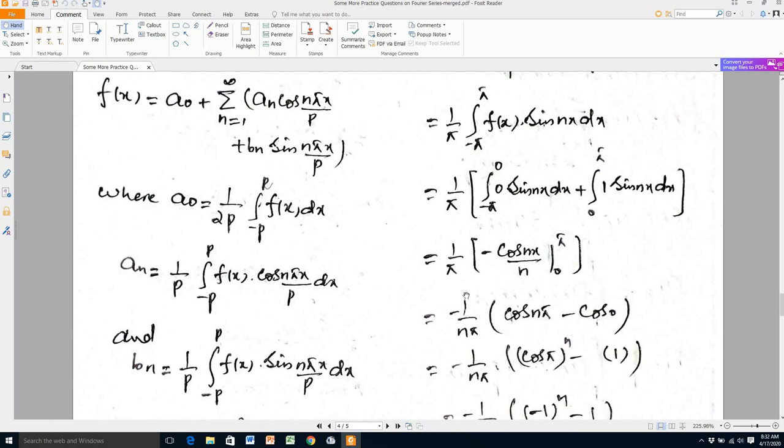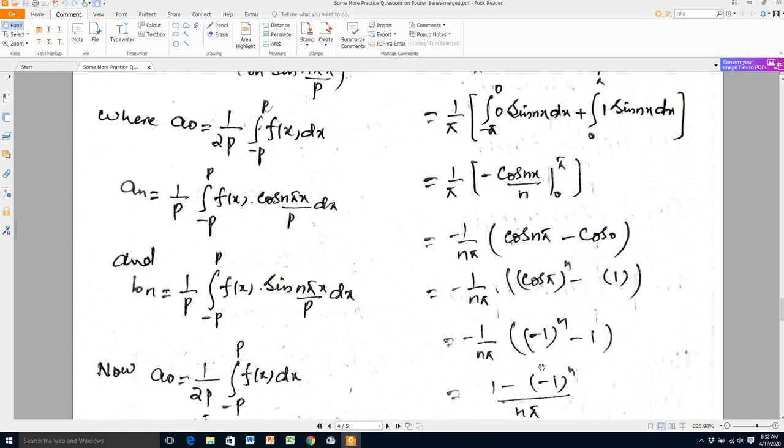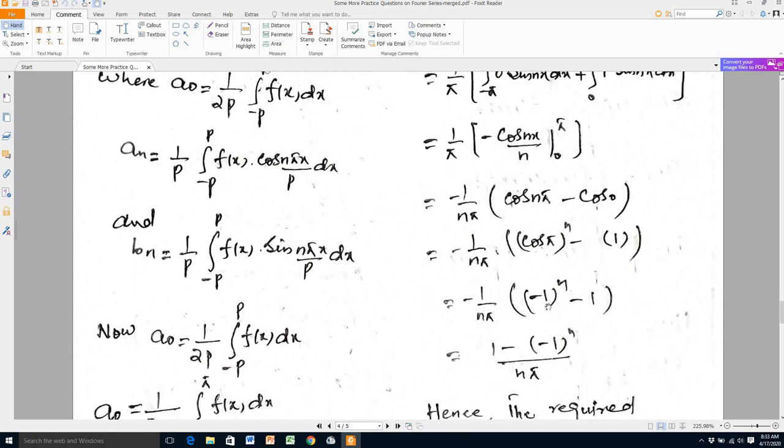When you check this, minus 1 over n pi, cos n pi minus cos 0, and cos pi whole raised to the power n is minus 1 raised to the power n, since cos pi is equal to minus 1. And after simplification, when you multiply this negative sign, the order of the terms reverses, and it becomes 1 minus minus 1 raised to the power n.